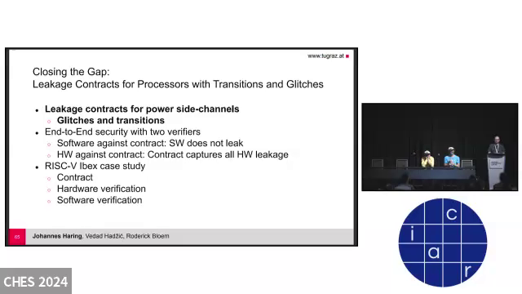One verifies the software against the contract, and we then verify that the software does not leak anything given the leakage model, and the other verifies the hardware against the contract by making sure that the contract captures all the hardware leakage. And we present a case study with the RISC-V IBEX processor. We have published a contract, and we performed experiments with hardware and software verification, showing that the system is actually working and can prove end-to-end security with glitches and transitions.